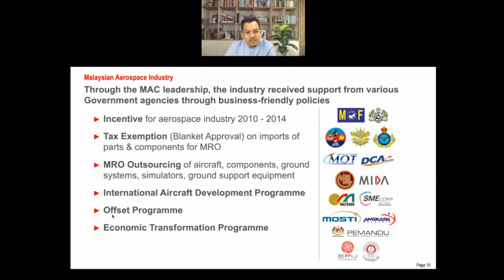You can try to search for an agency called Technology Depository Agency, TDA, under the Ministry of Finance. Previously, the offset program was handled by MIGHT, Malaysia Industry-Government Group for High Technology. So under this initiative, under these strategic activities, any procurement, for example, we are Malaysia Airlines, because it is a company under Khazanah Malaysia.